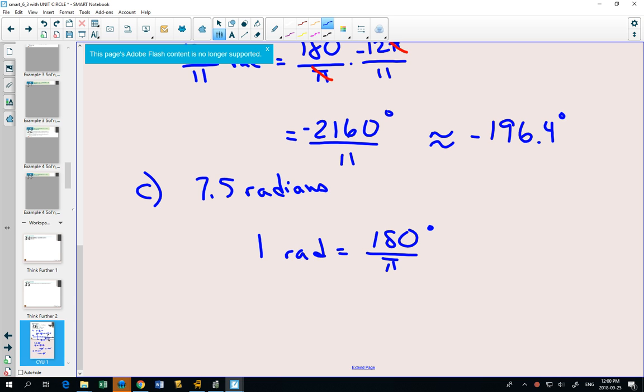So if I wanted to figure out what 7.5 radians is, I would just need to multiply this side by 7.5. So I go to my calculator, 7.5 times 180 divided by pi. 429.7, does it say to the nearest tenth? Yes.